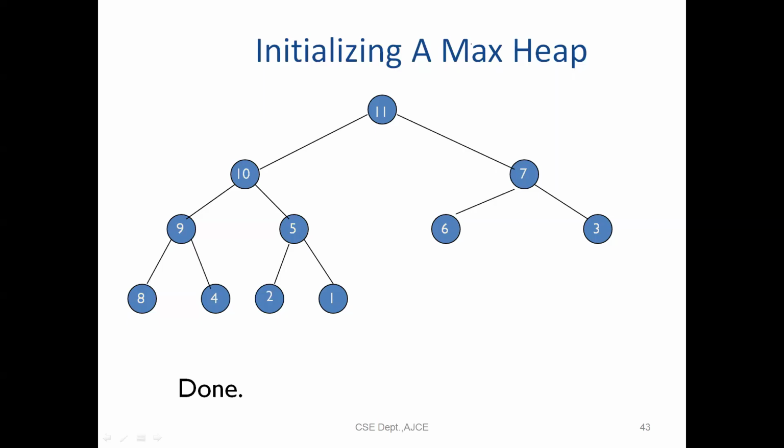So even though you started at the half of the array, you touched almost all the elements, because when you had to move 1, you have to go down the tree multiple times. So basically the complexity of this is big O of n. So initializing a tree is affected by all the set of elements in the array that are given. So you can say that n is the maximum complexity of the array.